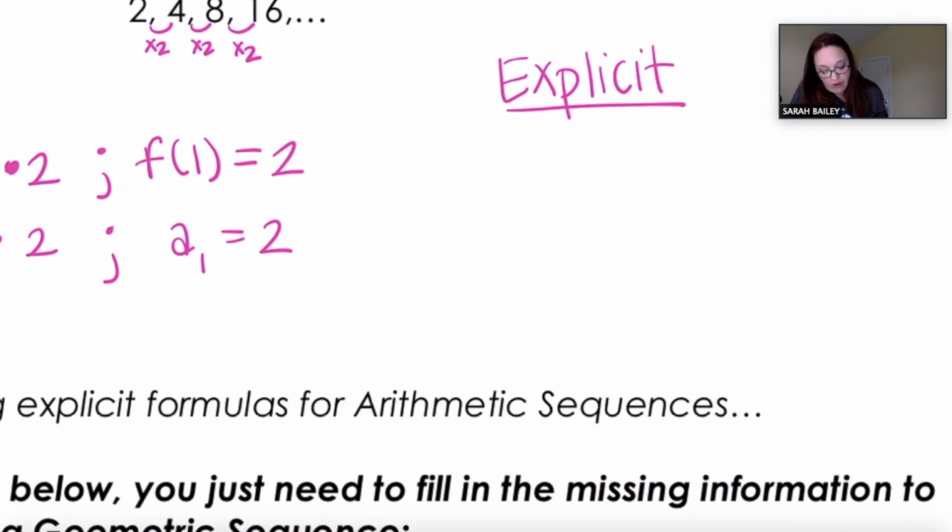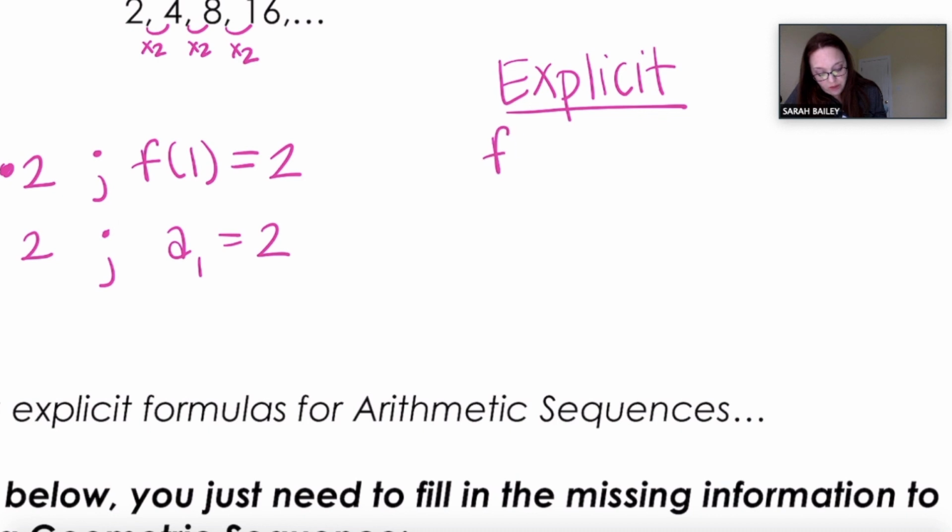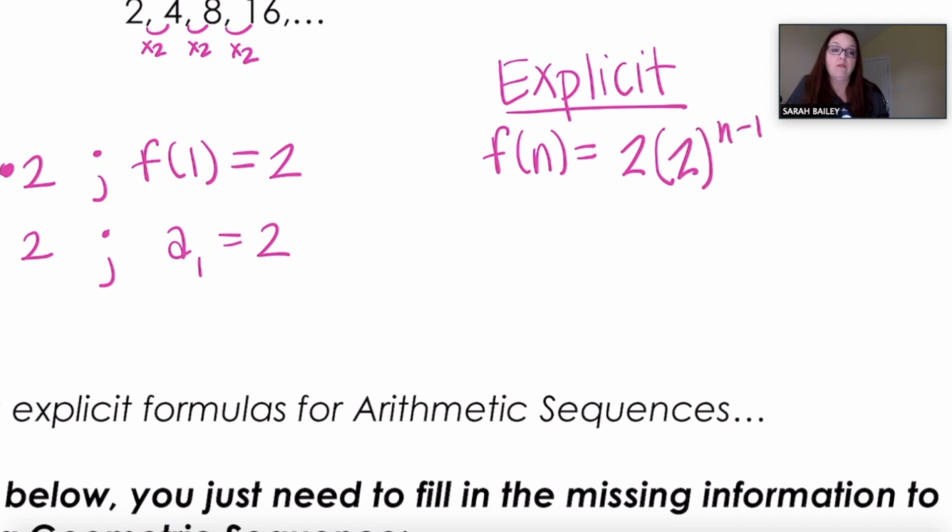So if I write this in function notation, that'd be f of n is equal to the first term, f of 1, which in this case is 2, times r, your common ratio. Well, what are we multiplying by each time? We're also multiplying by 2, so 2 to the n minus 1 power.